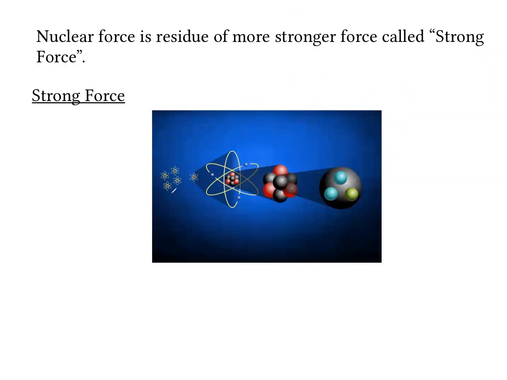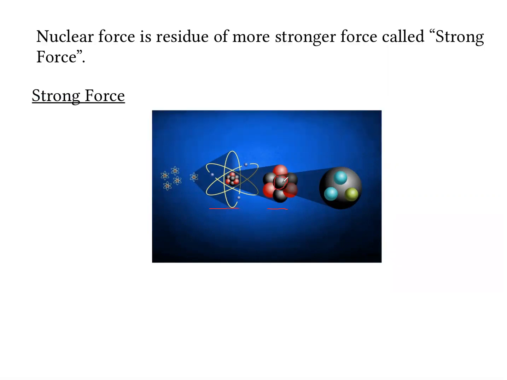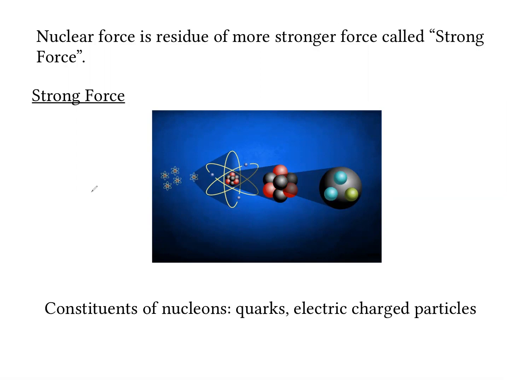So that strong force, let's see, there's an atom and a nucleus, and the protons or neutrons. There is some force in between, something is happening inside. So the proton and neutron have some internal structure. That means it is made up of something, and that something we call quark.